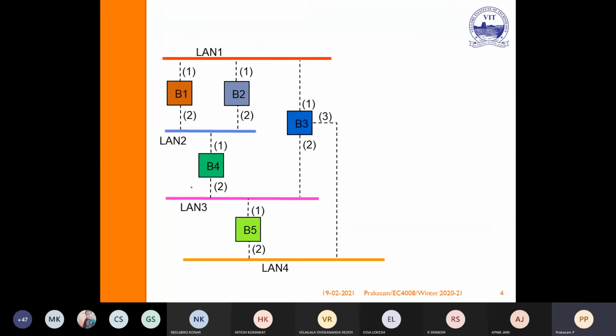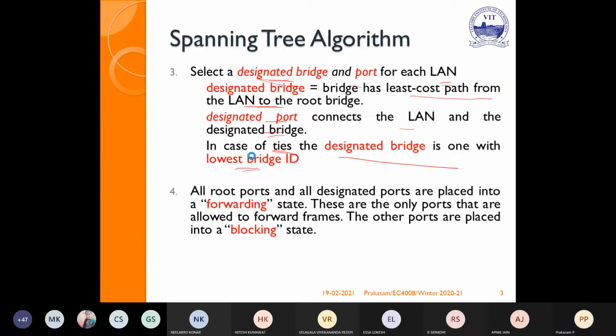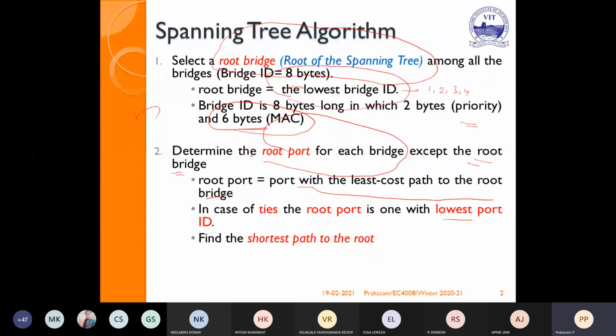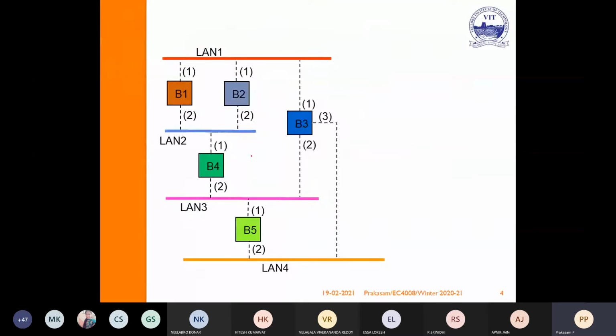Let us consider 4 LANs with 5 bridges. So the first step, we have to find the root bridge, which has the lowest bridge ID. Step 1. So find the respective root bridge.